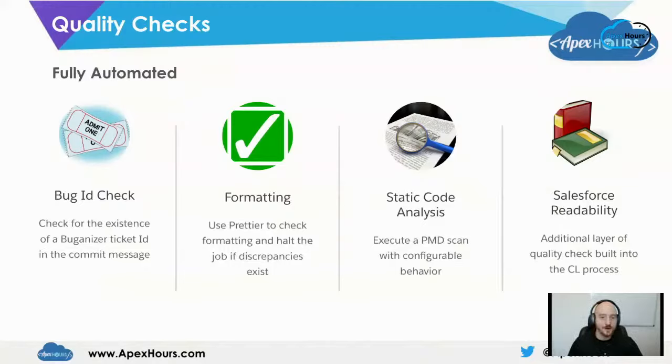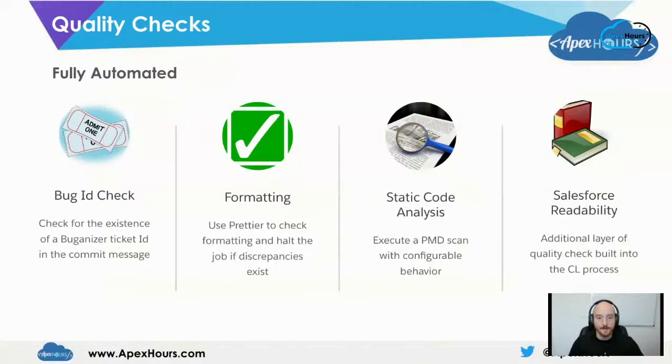Another thing that we do is we execute static code analysis. So for those of you who are in the Salesforce ecosystem, you might be familiar with PMD, the Programming Mistakes Detector, probably as an extension to Visual Studio Code. For those of you who are not familiar with it, PMD is a static code analysis tool that will highlight errors or warnings that are caused by the actual structure of the text that is in your class file or your trigger file.